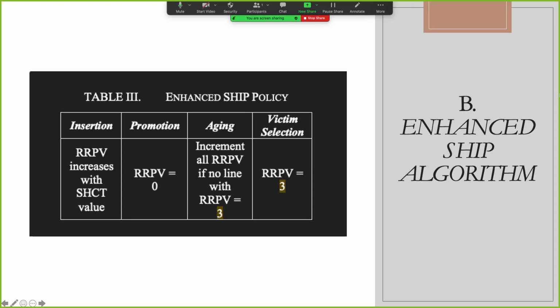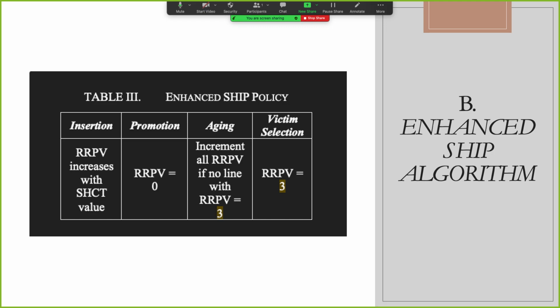Also, we can enhance the SHiP algorithm. Different from SHiP, which predicts all the cache lines with RRPV equal to 2, except the lines with distant reference interval given by RRPV equal to 3, our method learns from the reference pattern sufficiently and dynamically changes the insertion position to retain useful lines for a longer duration in the cache.